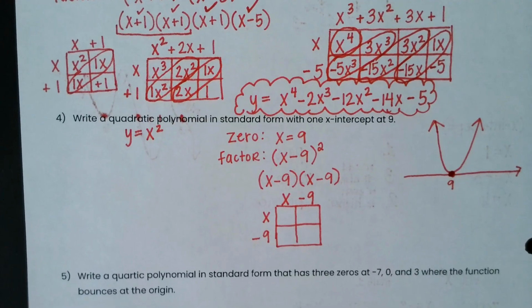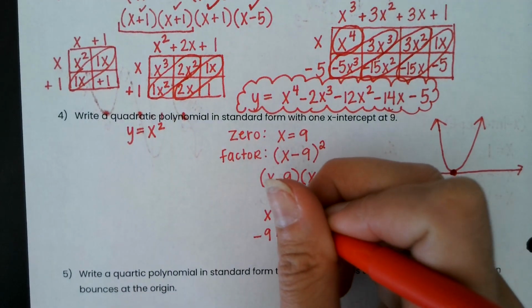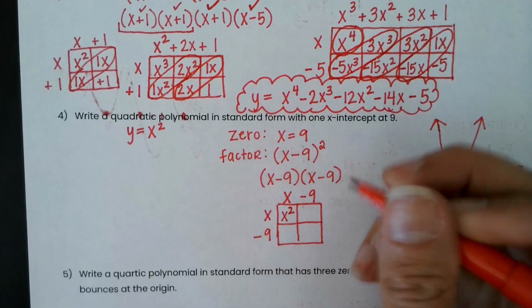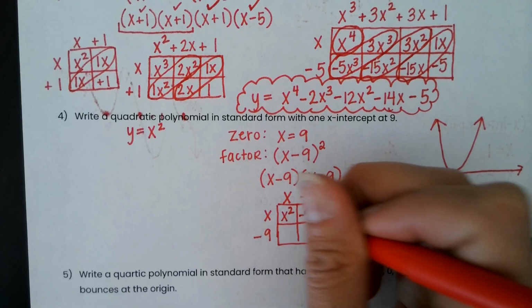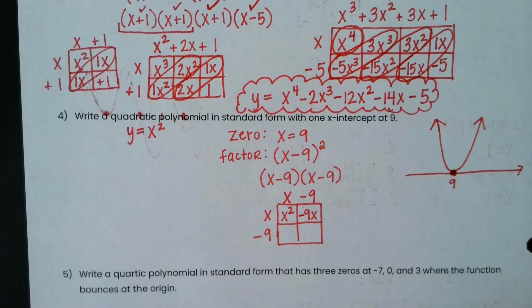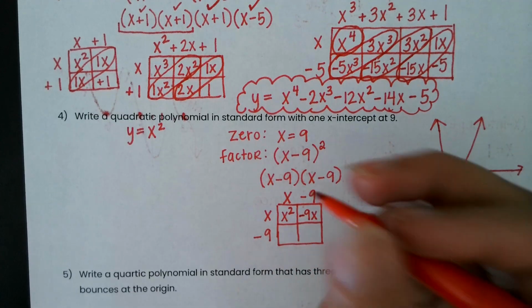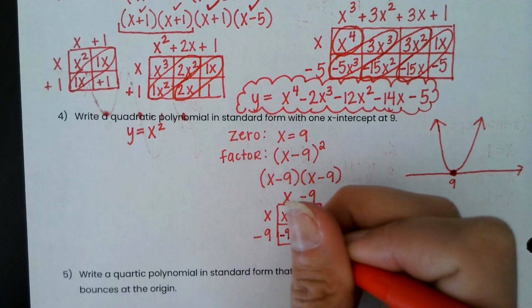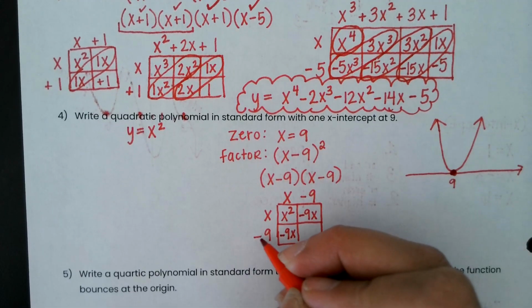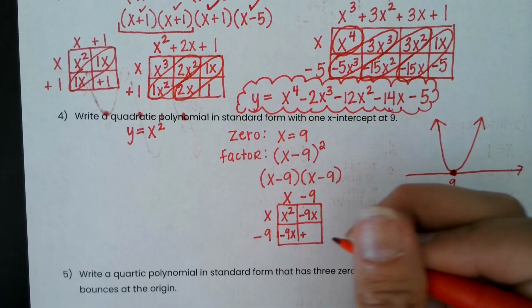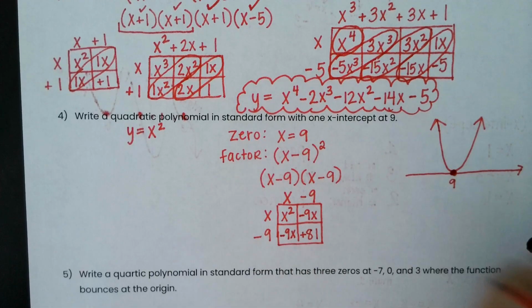Yeah. All right, so x times x is x squared. Negative 9 times x is negative 9x. This one's also negative 9 times x, so negative 9x. And then the end is going to be negative 9 times negative 9, so positive 81.